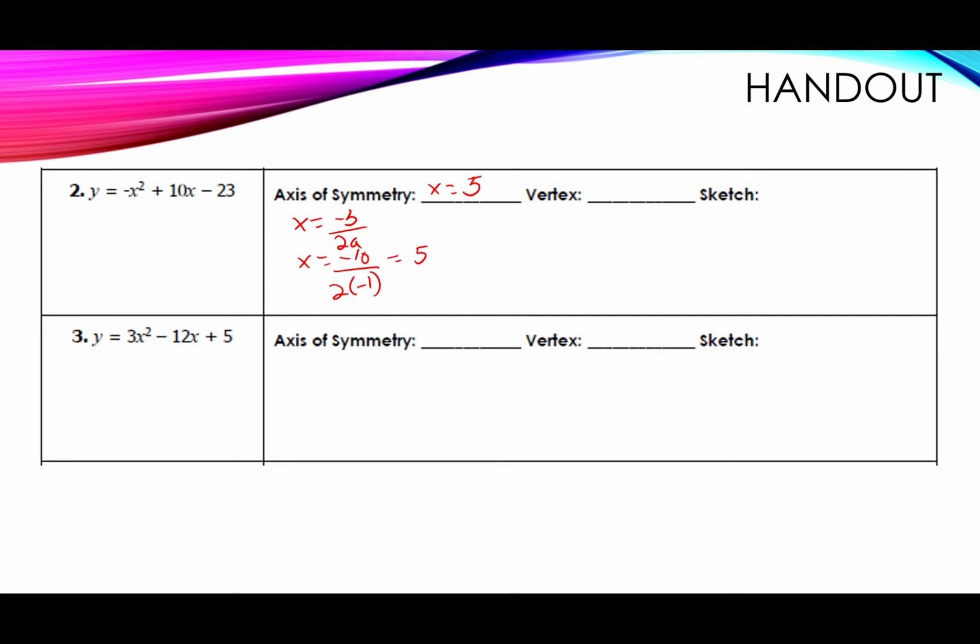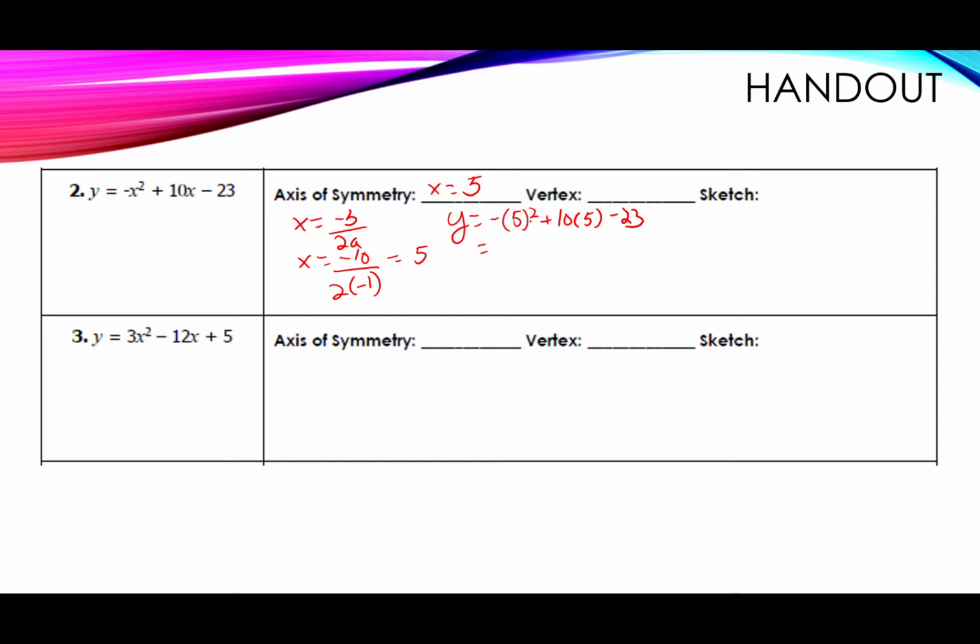So again, I know the vertex lies on the axis of symmetry, so I'm looking for what y is when x is 5. So negative 5 squared plus 10 times 5 minus 23. And again, you need to make sure you use parentheses to get this right.